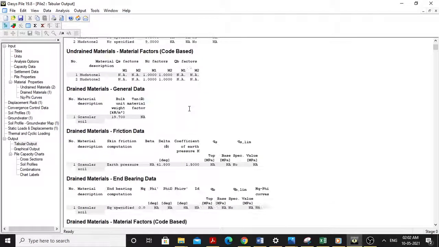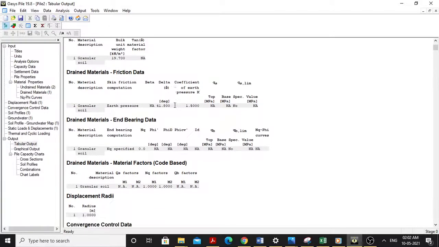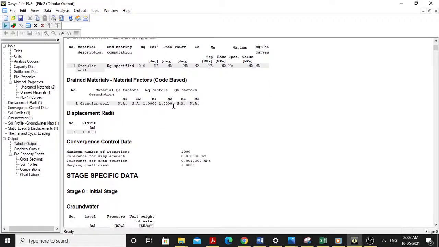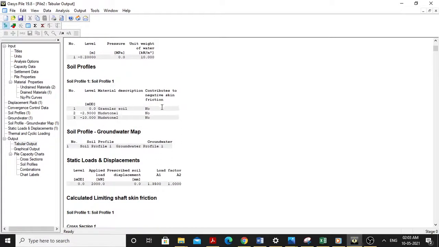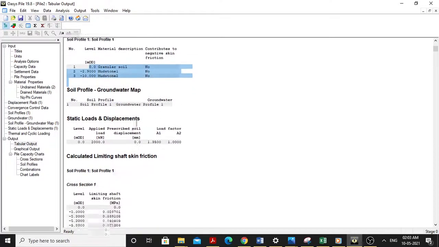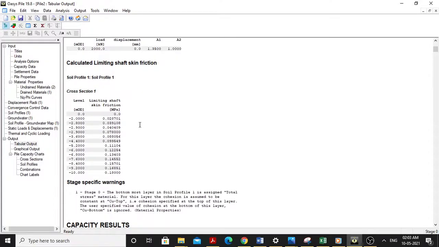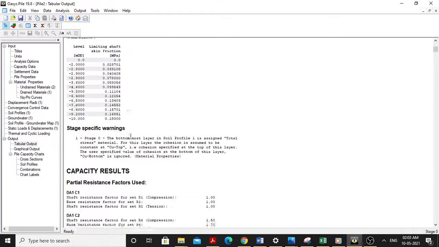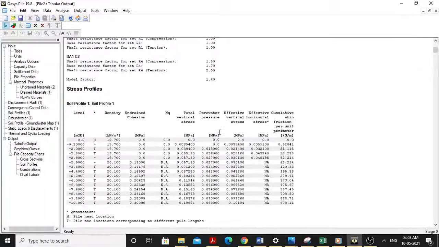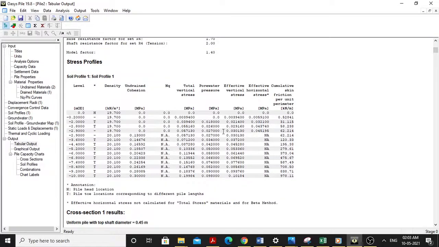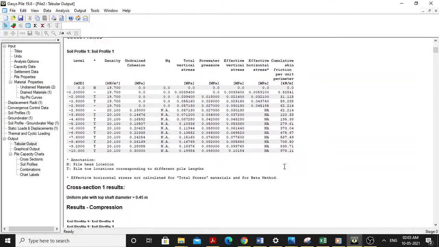But the important part is that the soil layer is showing the skin friction and the stress. The factor that we have used here is from the soil profile, where it is calculated.